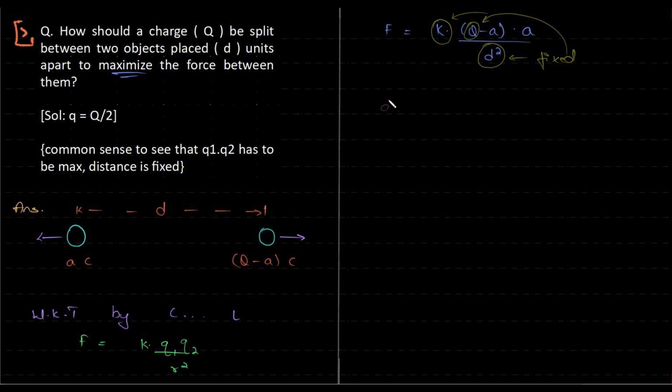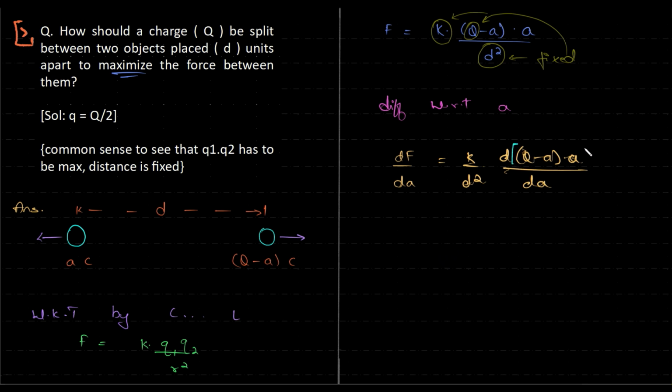So differentiating with respect to what? A. That's the only thing that we can differentiate with respect to, because everything else will be constant. So df by da, k by d square we'll take out, and we have to differentiate q minus a into a with respect to a.